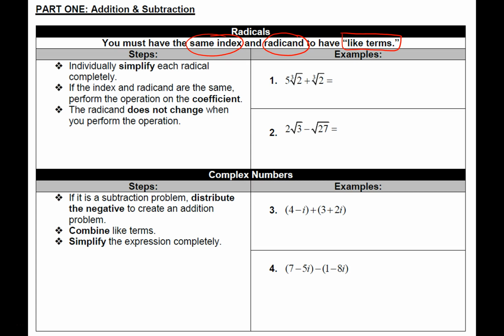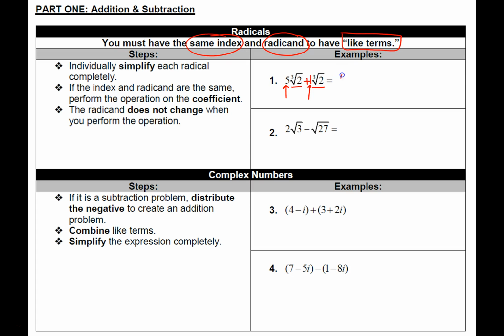So in this first example, notice that the radical in both of these is the cube root of 2. That means, because these are like terms, that we can, in this case, add together the coefficients. So we're adding together the 5, and the coefficient in front of this term is a 1.